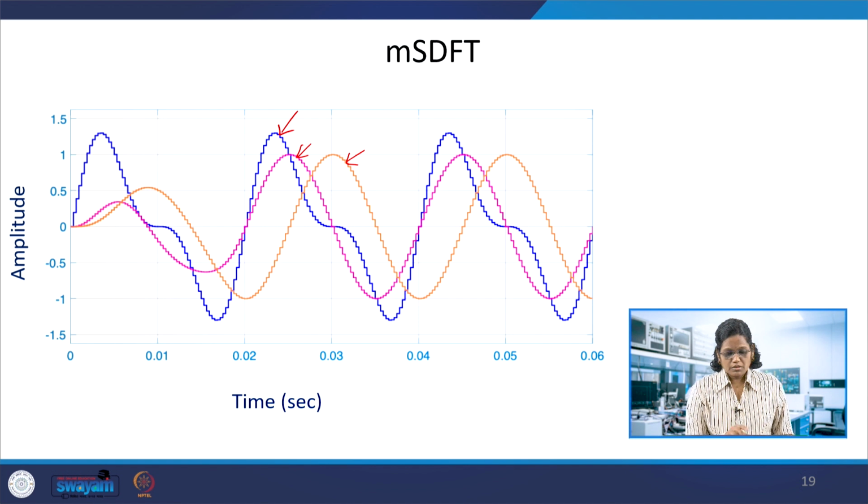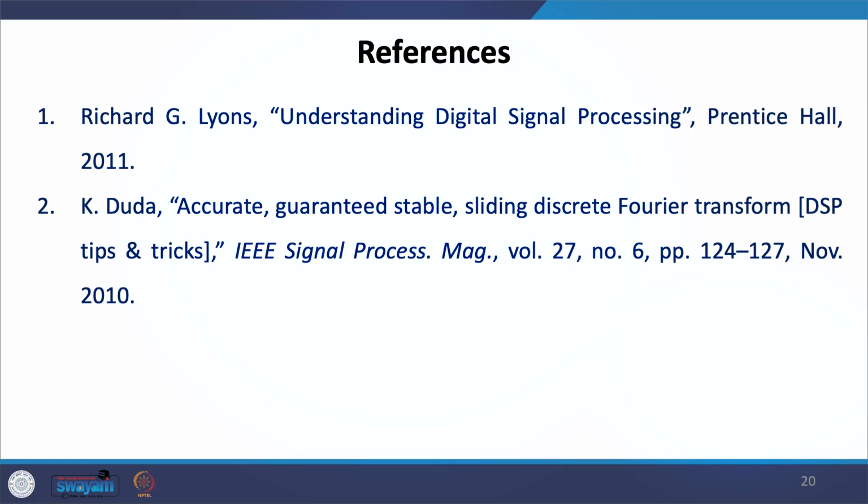We will also see the variants of SDFT, which are the mSDFT, the hopping DFT and the modulated hopping DFT, and we will compare the complex multiplications and additions in them. Using these simulated diagrams in Simulink, we use them in Ultra DSP Builder and simulate them, and then we will show you how DSP Builder can help you generate the VHDL or Verilog code and dump it into the FPGA for real-time implementation.